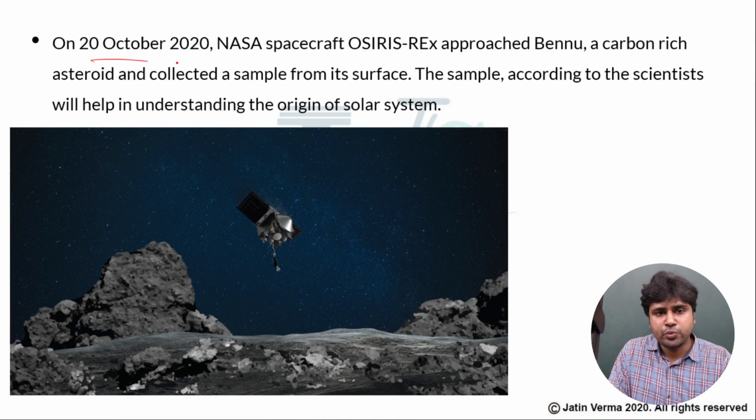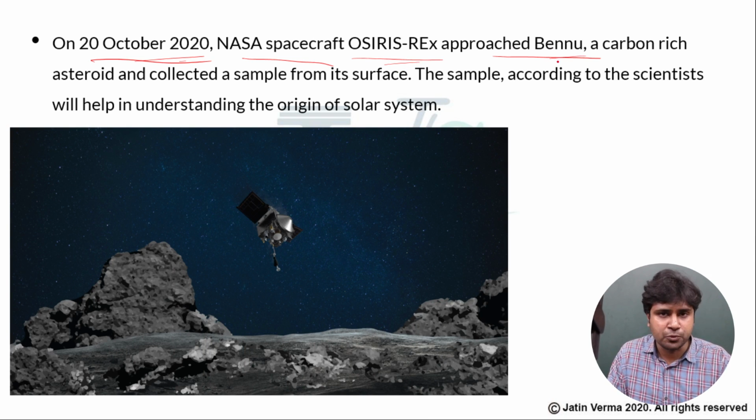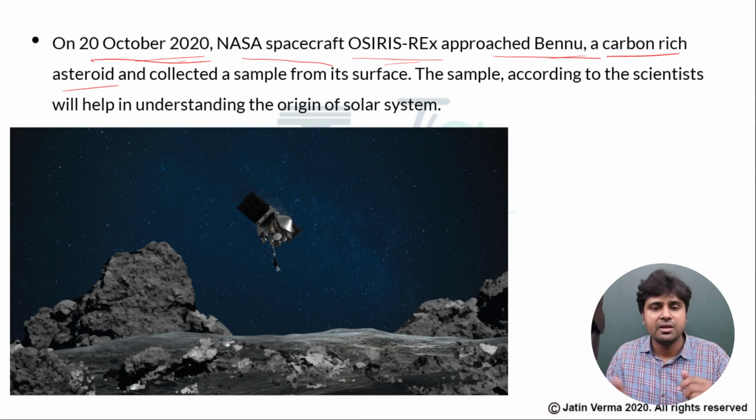Recently, on 20th October 2020, the NASA spacecraft OSIRIS-REx approached an asteroid called Bennu. Bennu is a carbon-rich asteroid. OSIRIS-REx did not exactly land; it touched the surface of Bennu, collected samples, and then went off.